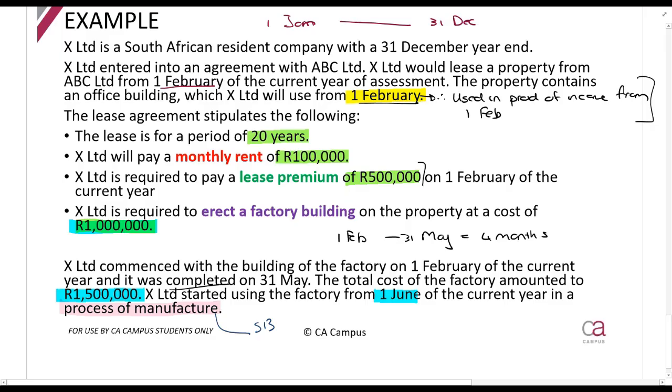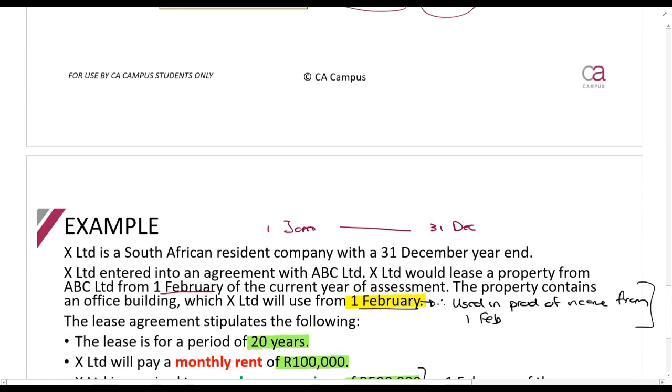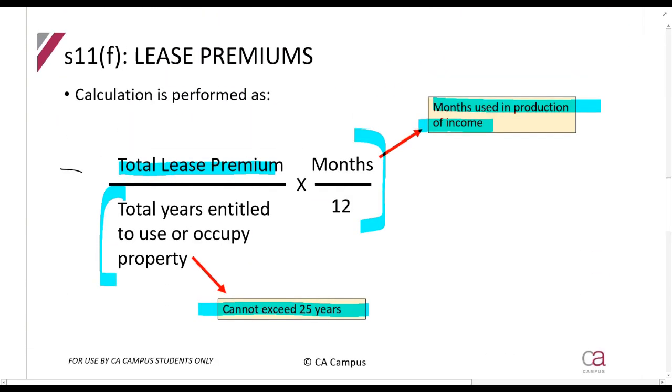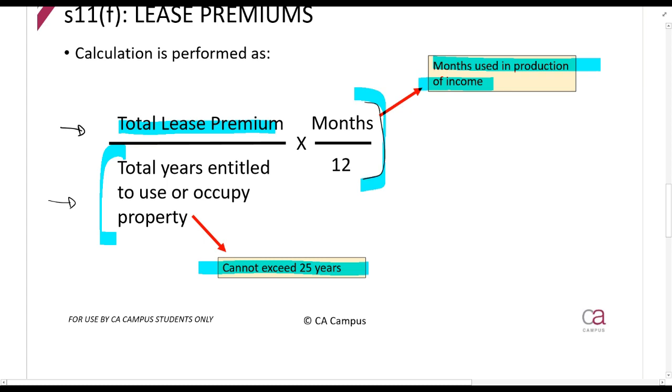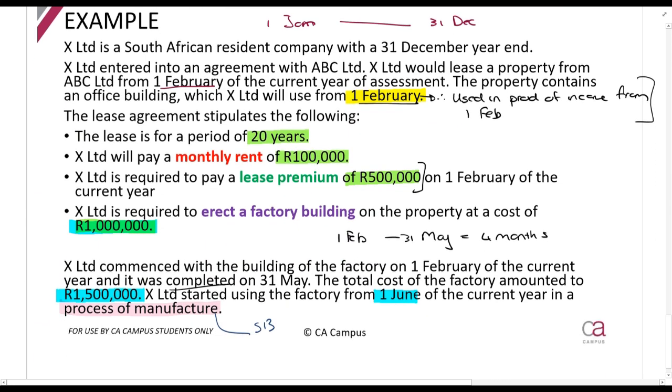Next is the lease premium of 500,000 rands. As a reminder, we'll say lease premium divided by the total years we are entitled to occupy this, and we will apportion it for the period that we used it.